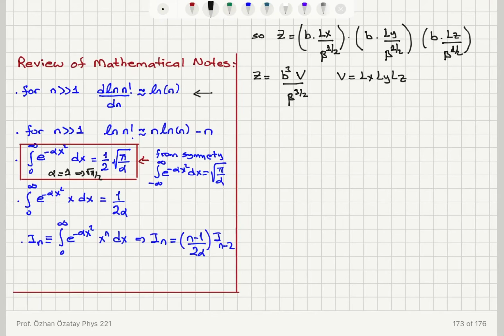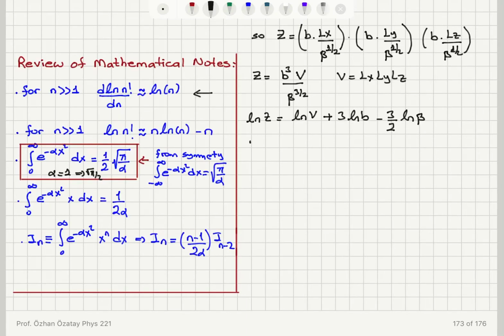So we can now take the natural logarithm of the partition function. It will be natural logarithm of V plus 3 natural logarithm of b minus 3 over 2 natural logarithm of beta.